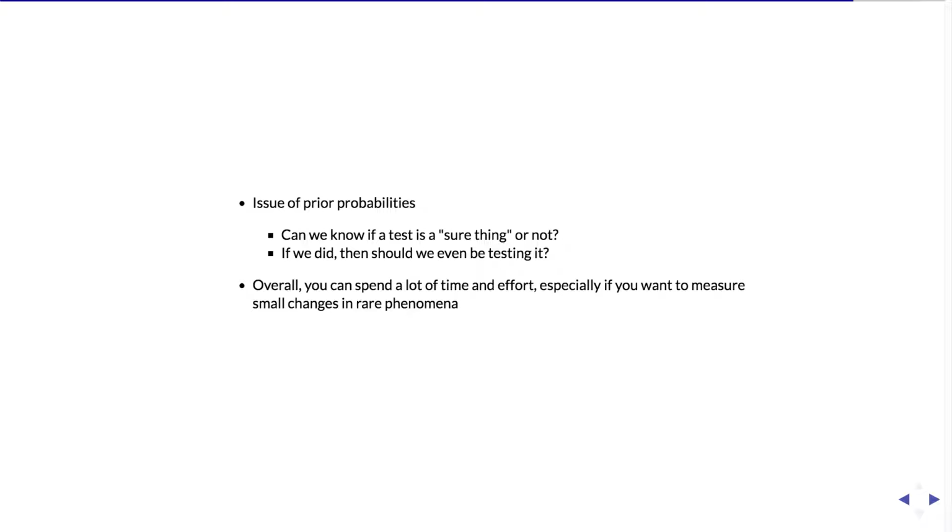But then that means if everyone in the organization really believed that, does that mean that a uniform prior is not the right thing? And at some point, should we even be testing it? If there's something that we're convinced is so guaranteed to be successful or guaranteed to fail, why are we testing it then?